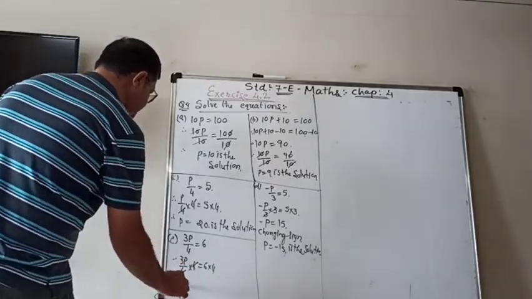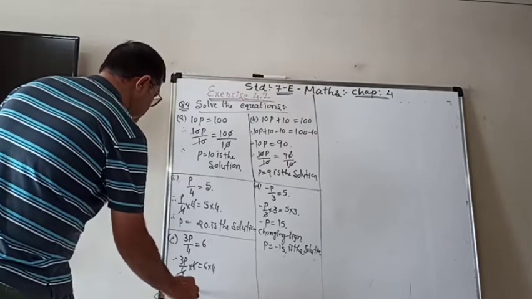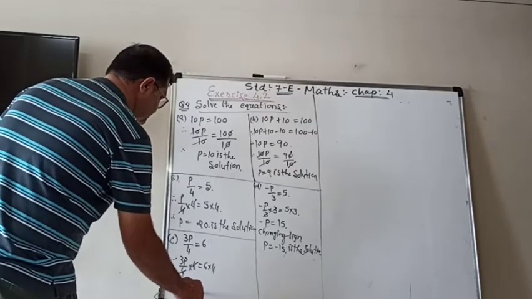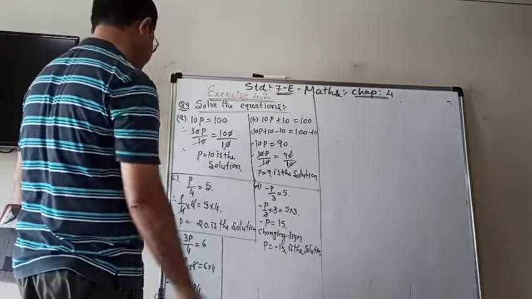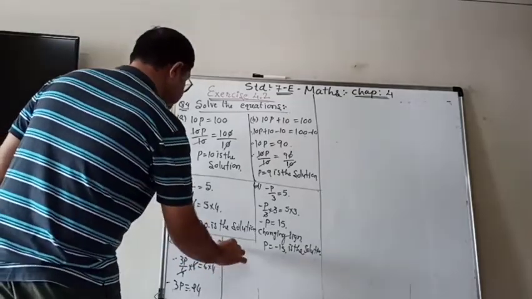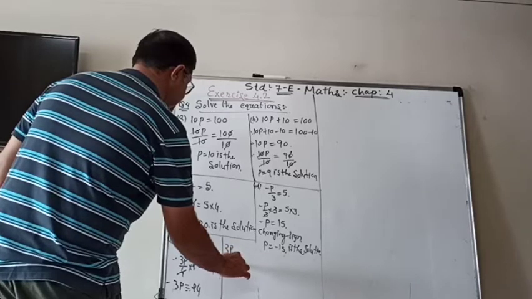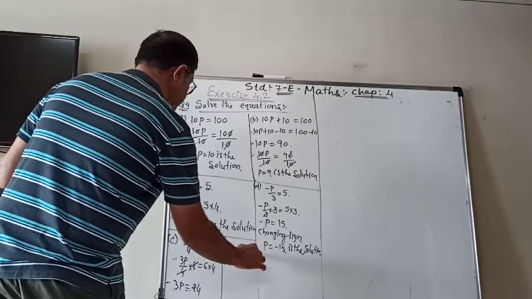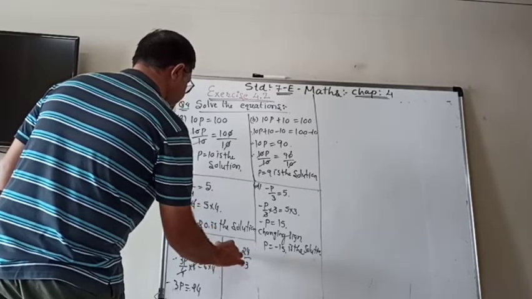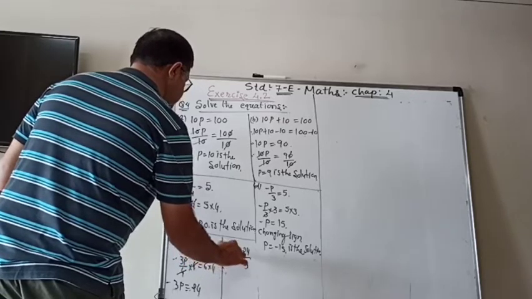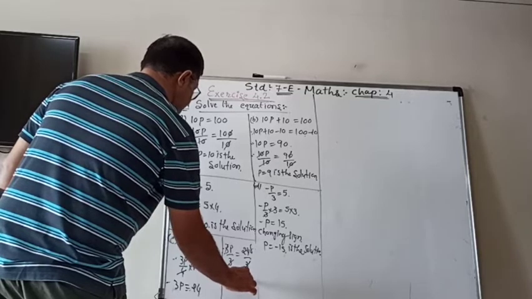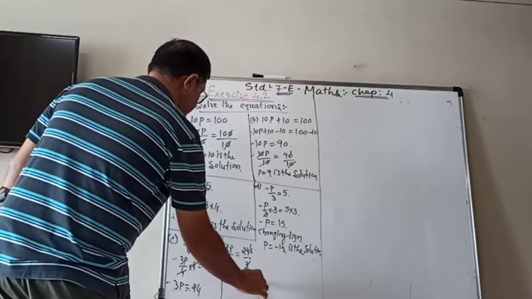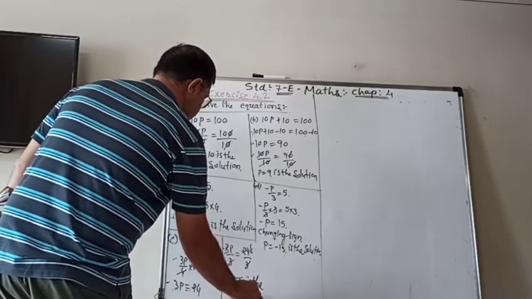So 3p is equal to 24. Therefore, 3p divided by 3, 24 divided by 3. 3 cancel, 3 8s are 24. Therefore, p is equal to 8 is the solution.